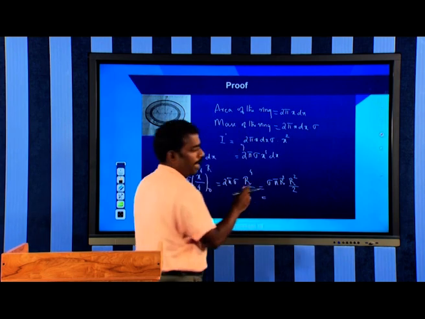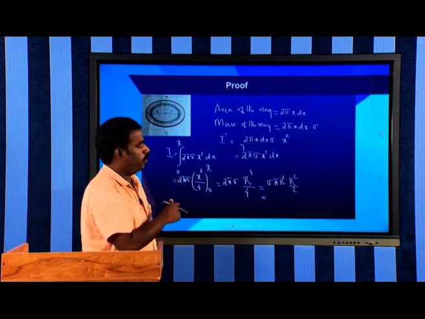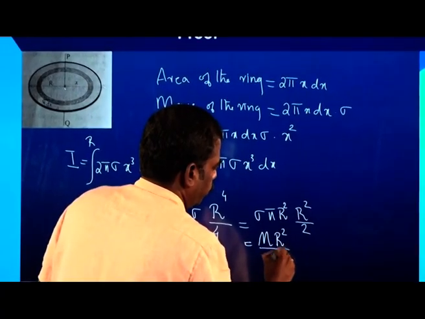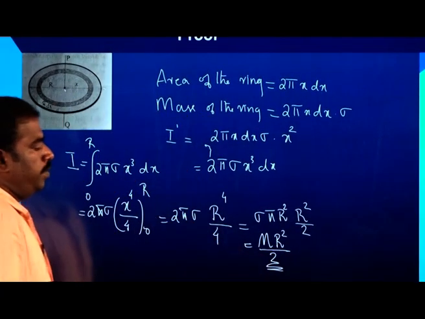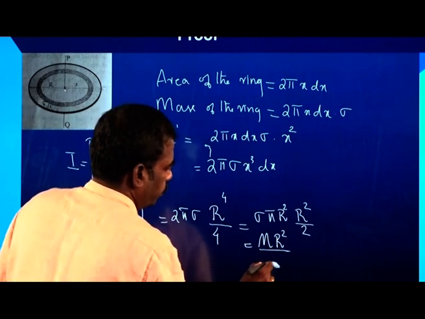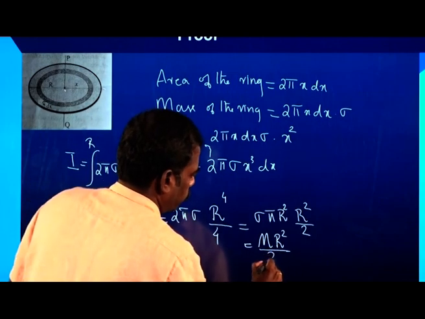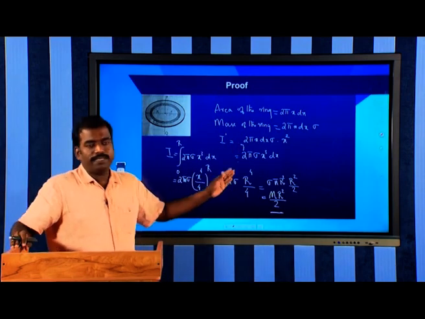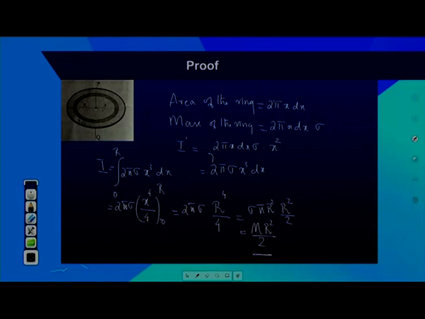So sigma pi r square is the total mass of the disk, so it is m r square by 2. So this is the moment of inertia of the disk of mass capital M and radius capital R.